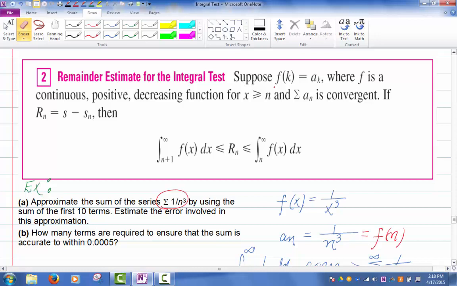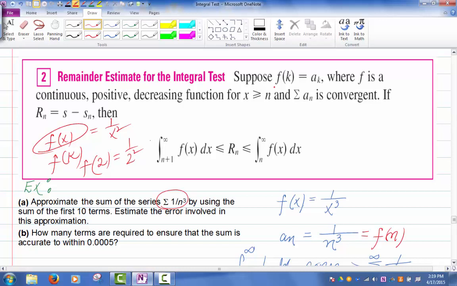So you're asking me what's the difference between f of x and f of k, right? F of x is a function. Let's say f of x is 1 over x squared, right? So x could be 0.1, 0.2, it could be 1.3, 1.5, right? However, if I am writing f of k, I mean k is an integer. So for example, f of 2 is 1 over 2 squared, right?